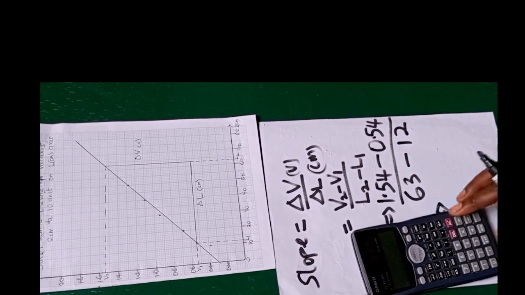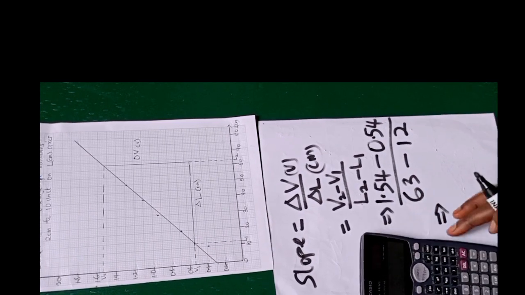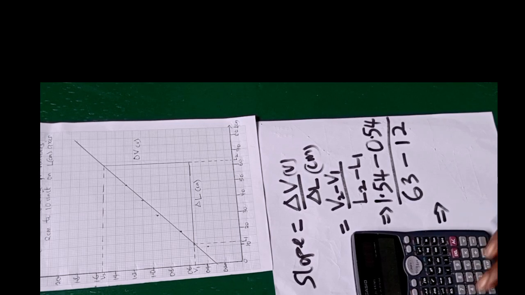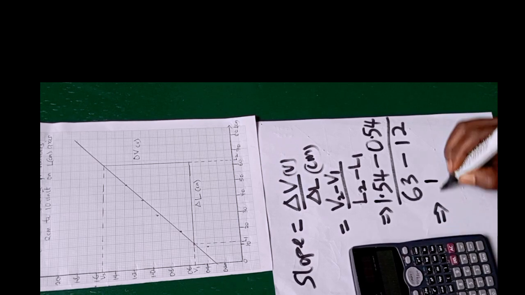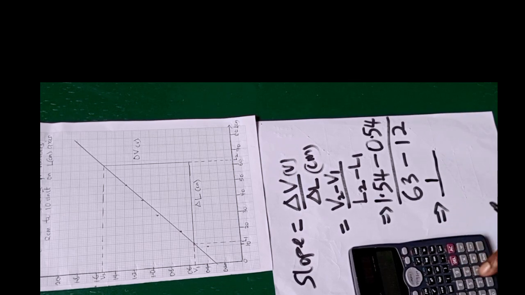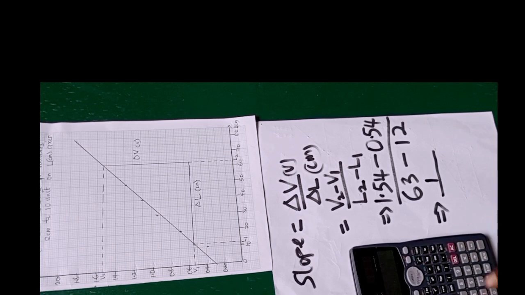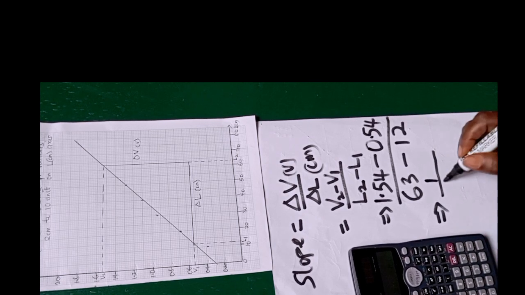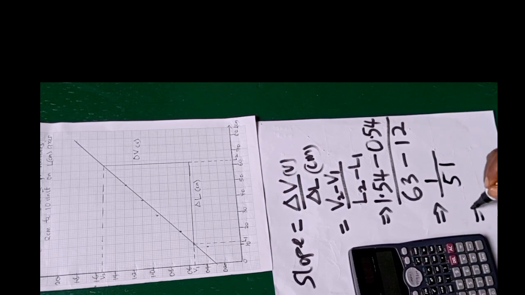With our calculator, 1.54 minus 0.54 is going to give me 1, over 63 minus 12 which gives me 51.